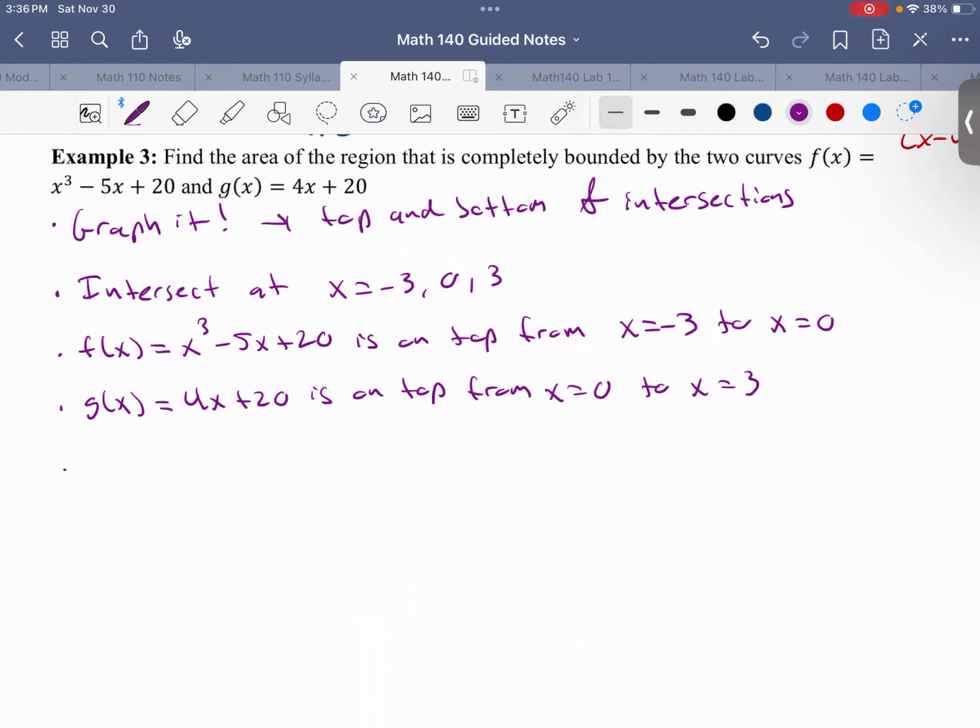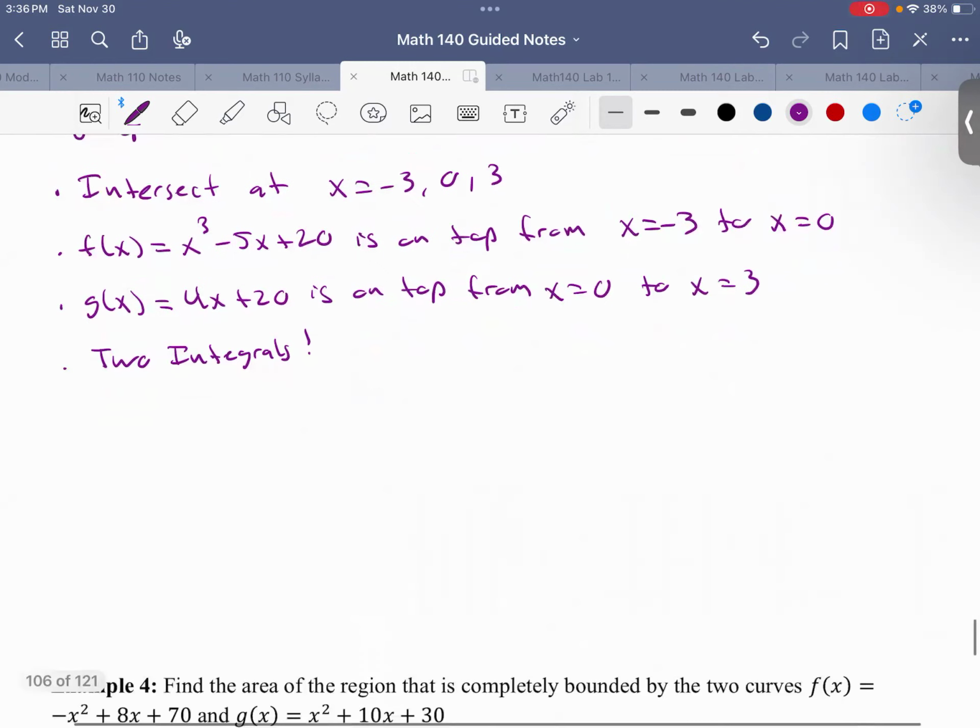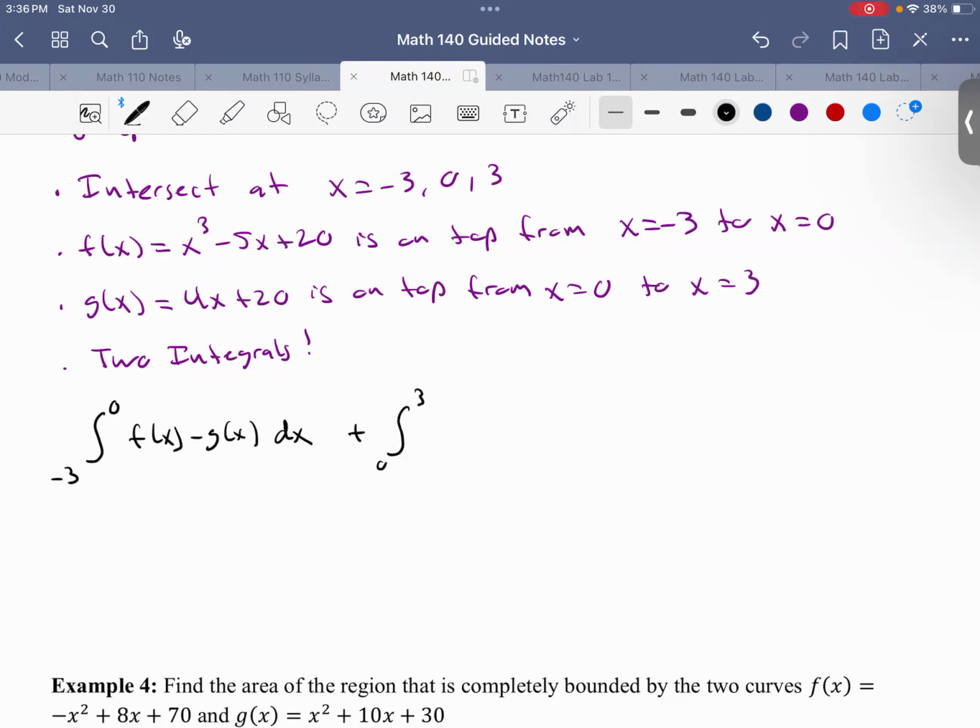So we're going to have 2 integrals. For our first integral, we're going to have from -3 to 0, f of x minus g of x dx, plus the integral from 0 to 3, now g of x minus f of x dx.